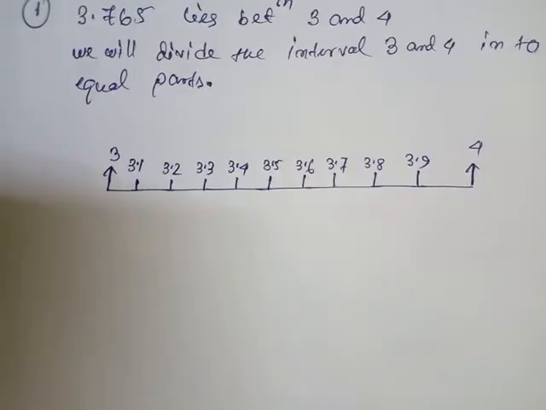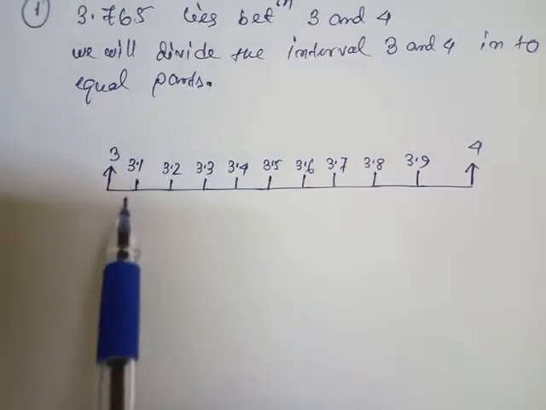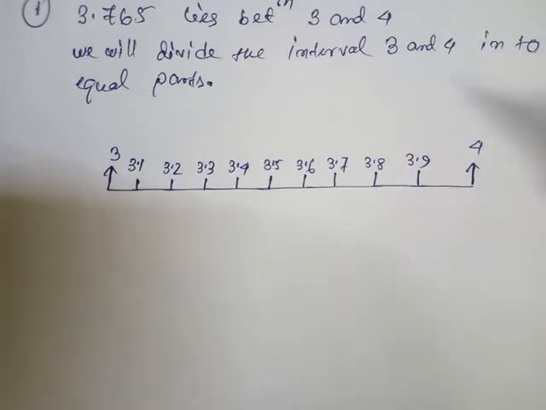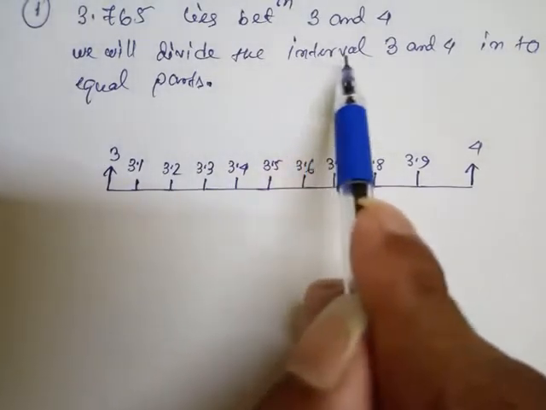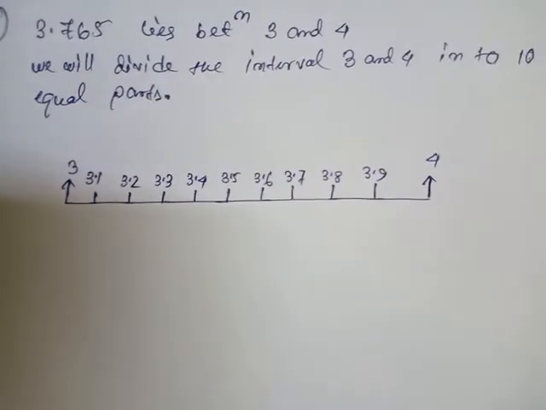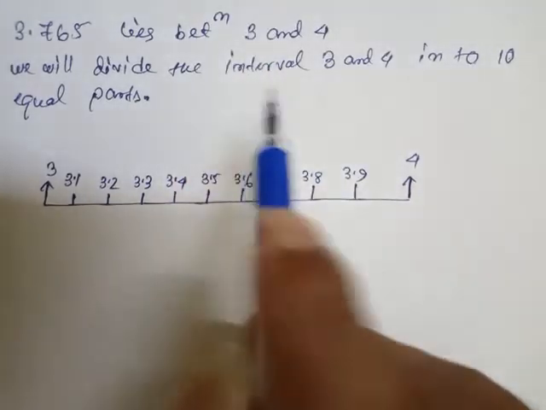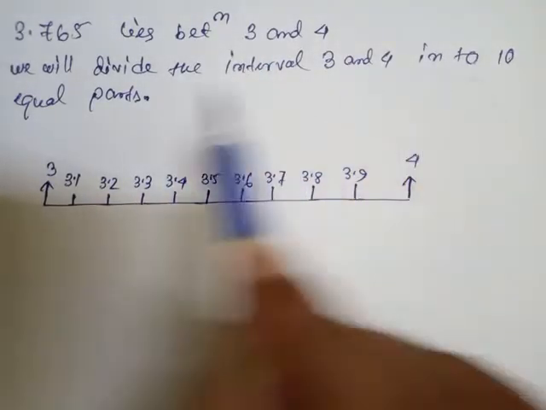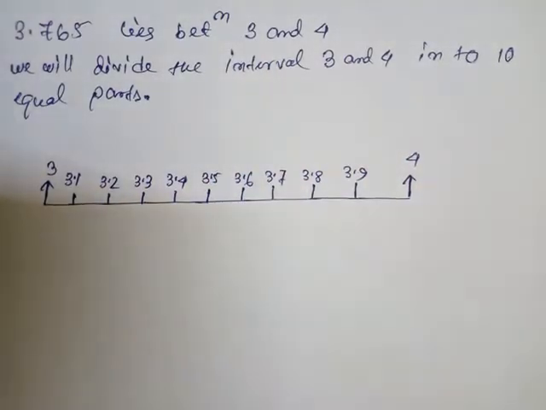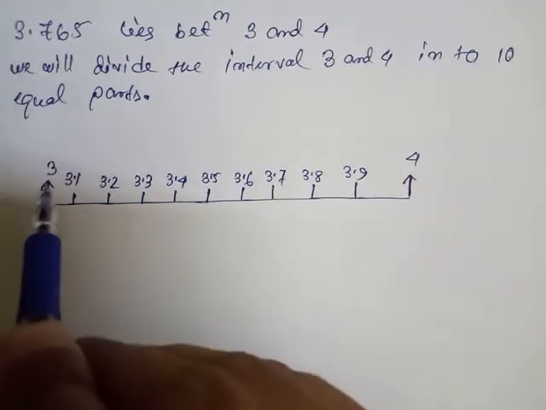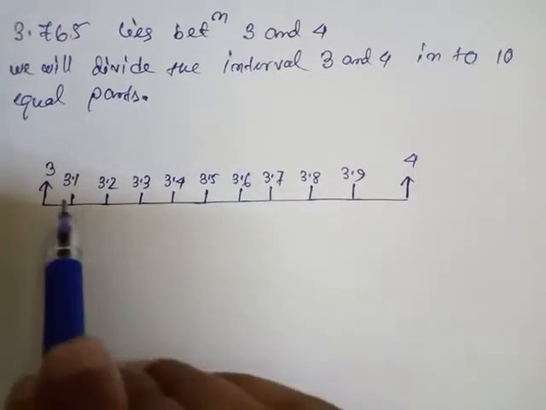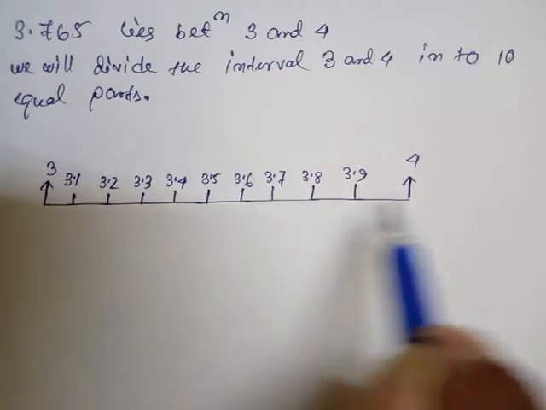Now look, students, this scale I have drawn here with 10 intervals. Here we have written that we will divide the interval 3 and 4 into 10 equal parts. So here I have drawn the values 3 and 4, and in between there are 10 small intervals.